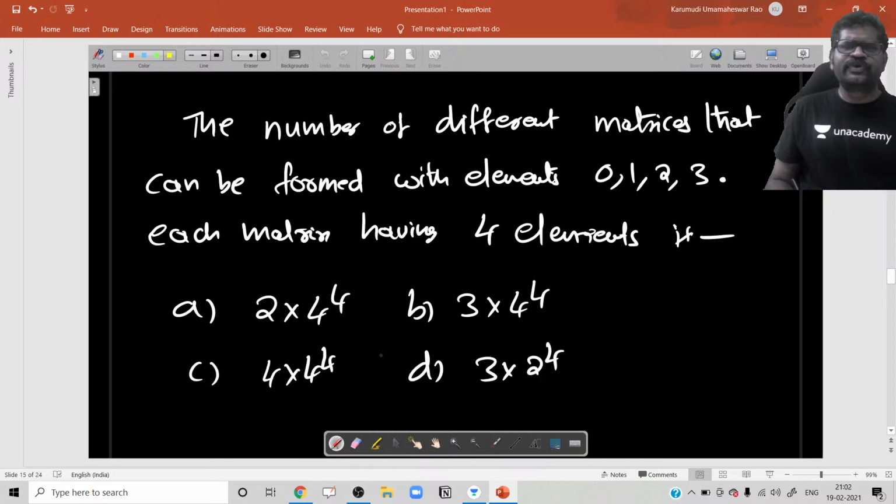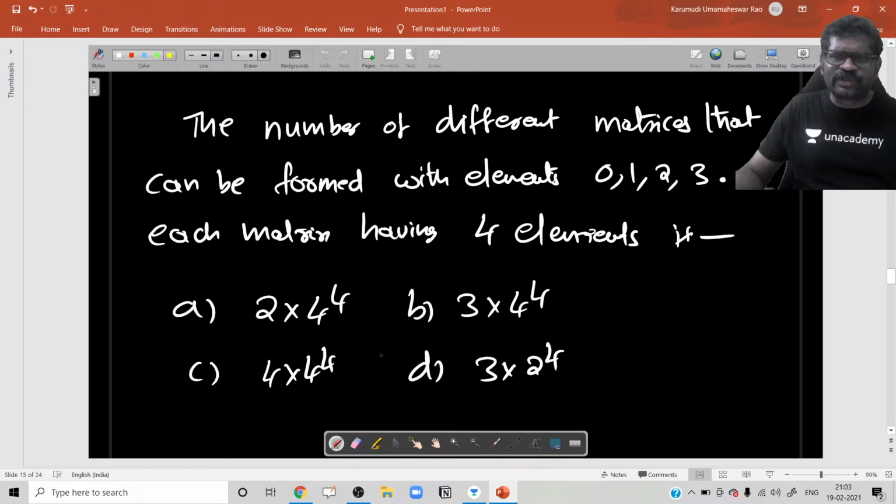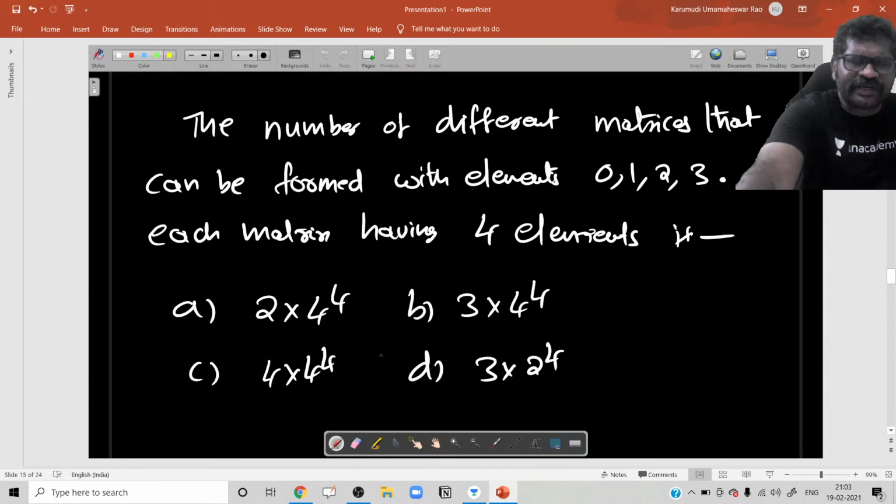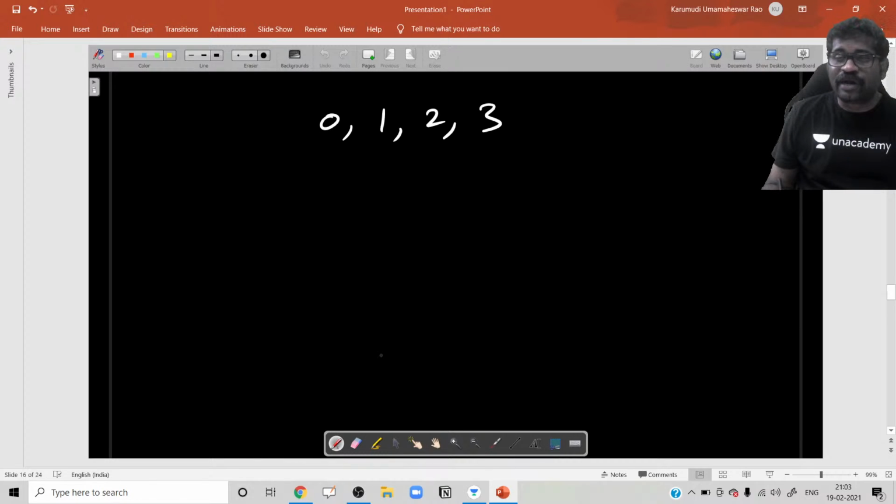So how many different matrices can be formed with the elements 0, 1, 2, 3, each matrix having 4 elements? Now we have only 4 elements 0, 1, 2, 3. In this problem they have not specified the order of the matrix.